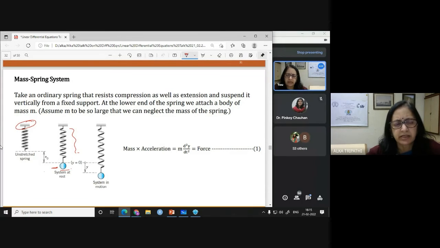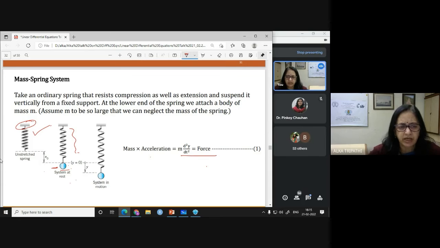Then by Newton's law, there will be a force which is equal to mass into acceleration. And when the ball is attached, initially it is in a stretched position.